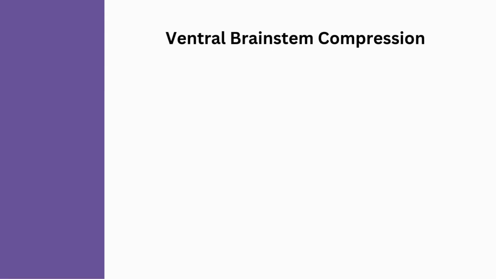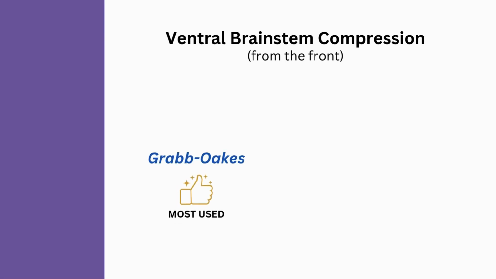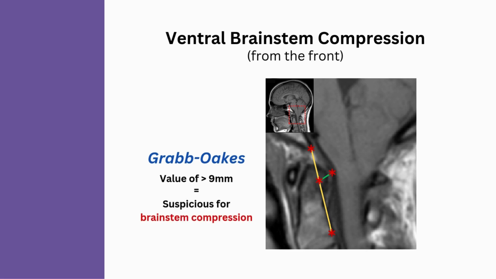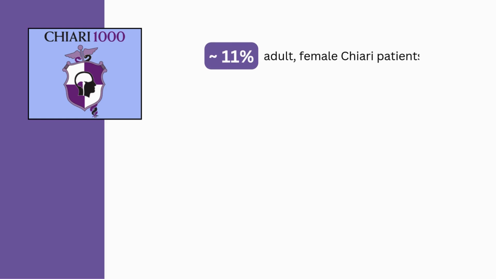For ventral brainstem compression, meaning from the front, Grabb-Oakes is one of the most used measures. Grabb-Oakes is a distance that assesses how far the tip of the odontoid pushes into the spinal canal, and a value of more than 9 millimeters is considered suspicious for brainstem compression. Data from the Chiari 1000 indicates that about 11% of adult female Chiari patients have a Grabb-Oakes measure of 9 millimeters or more.